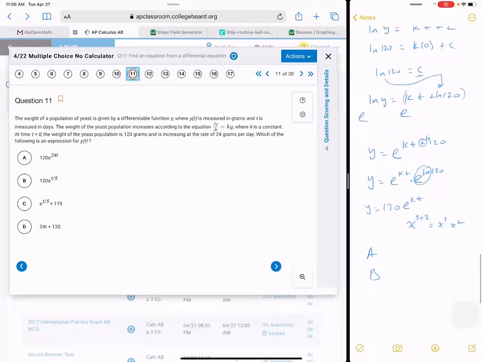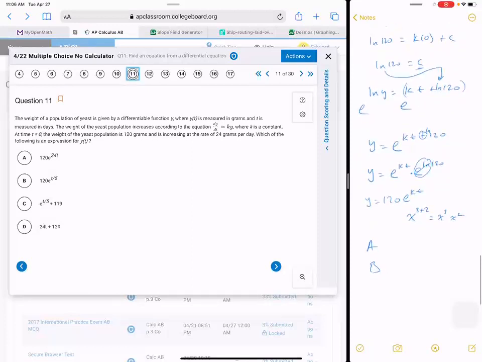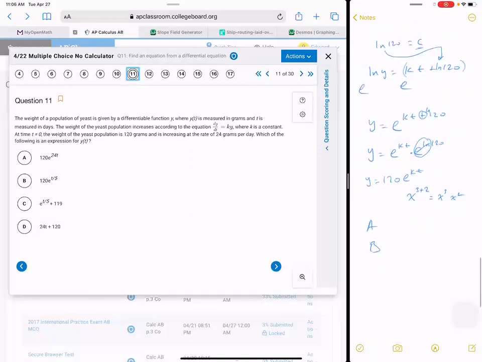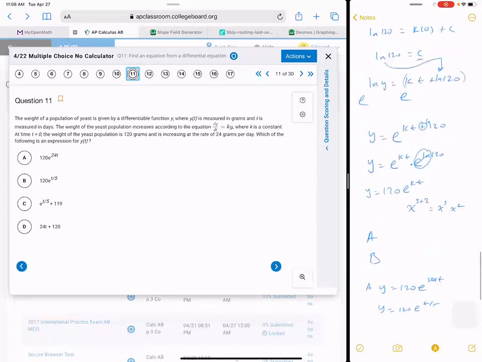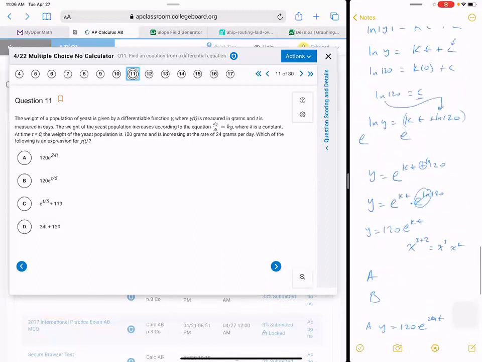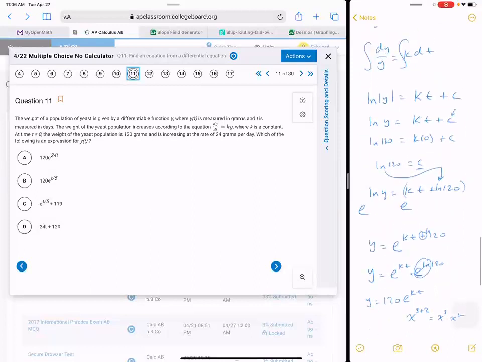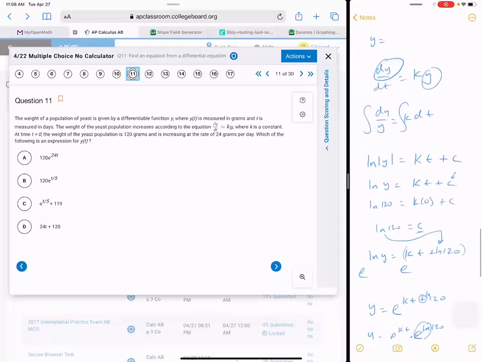If t is 0, and A was y is equal to 120 e to the 24t, and B was y is equal to 120 e to the t over 5, both would give me 120. But only one of them will satisfy our one more condition.